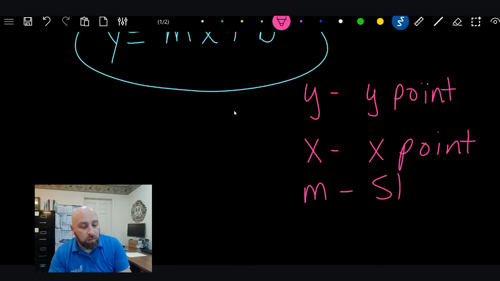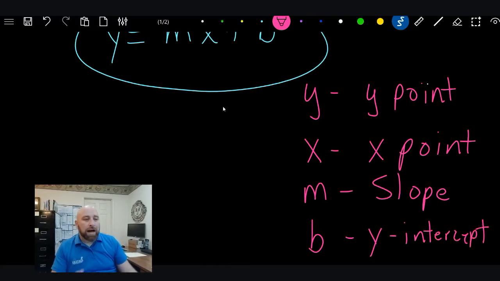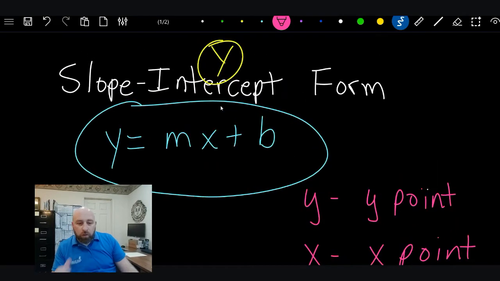That's the slope. Now b, this is a new one for you. The b is the y-intercept. The y-intercept. So when you look at this formula right here, the y is just the y point, whatever the coordinate point is for xy.